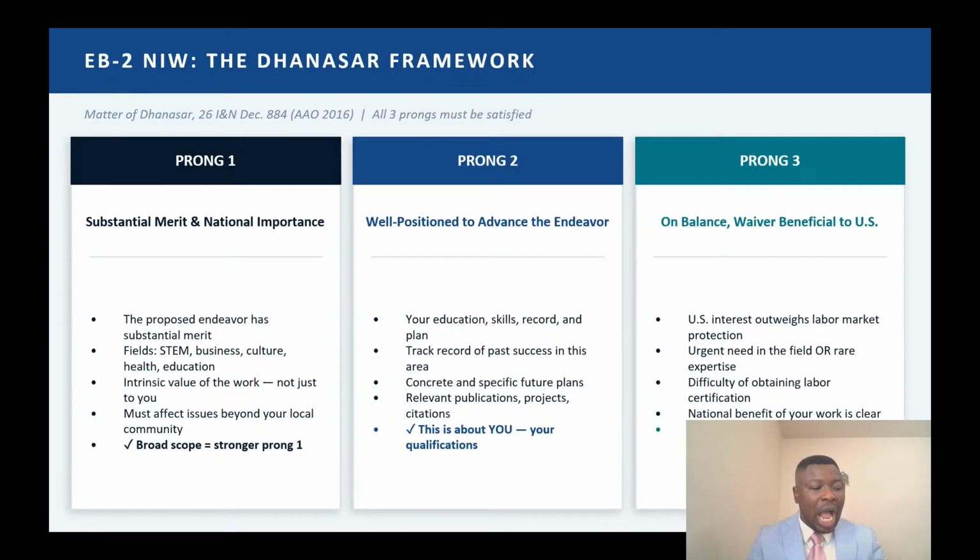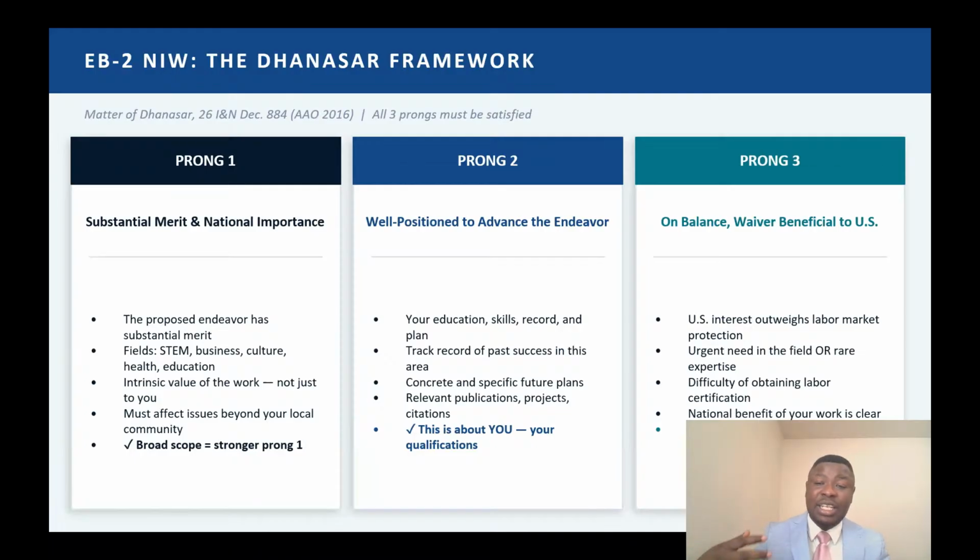So that is how you win your EB2 NIW case. Remember, in the first prong, you show that your work has substantial merit and national importance. In the second prong, you show that you are well positioned to advance your proposed endeavor.